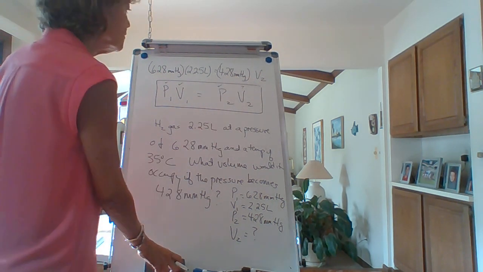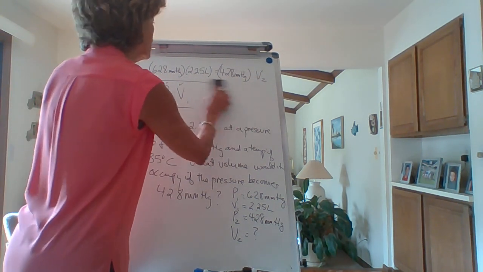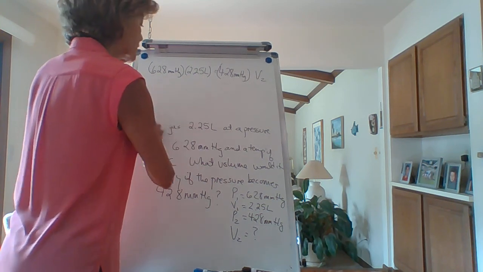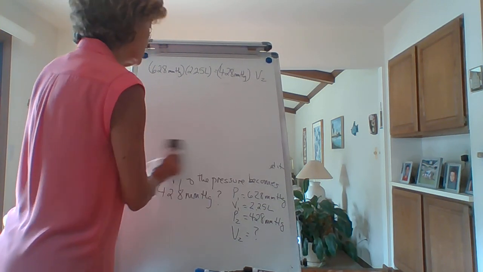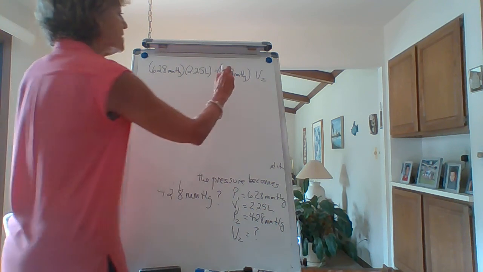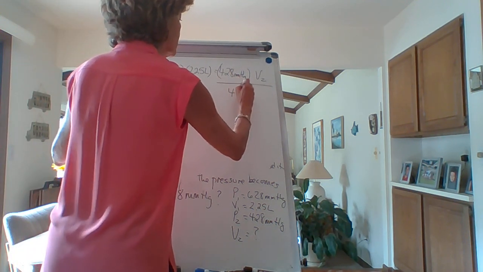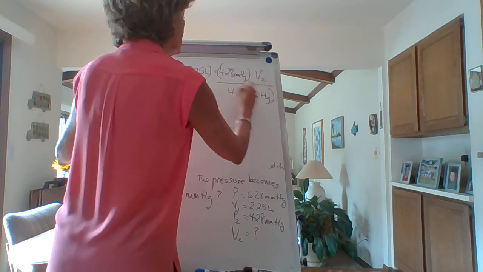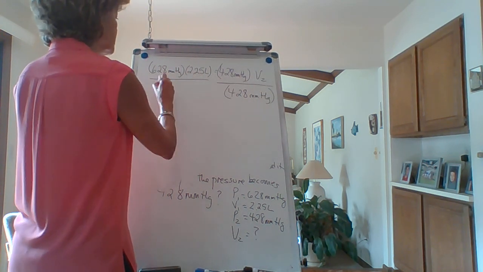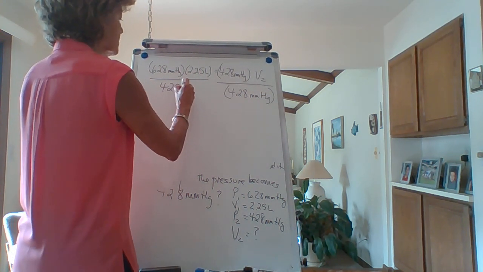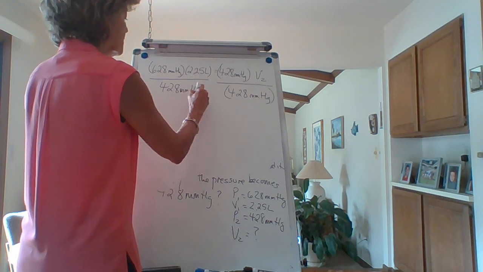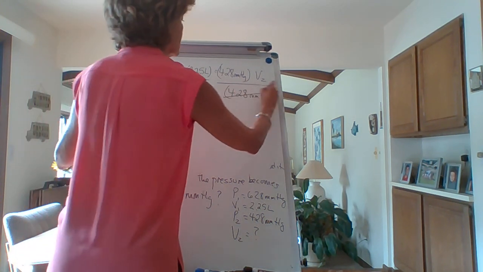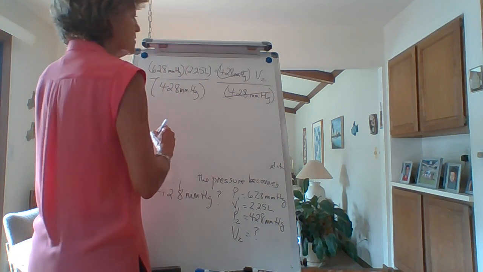Okay, so now you just have to do the math, manipulate the equation. I'm going to erase all this now, so I have some space. I divide this side by 428 millimeters of mercury, and divide this side by 428 millimeters of mercury. Okay, cancel, cancel.